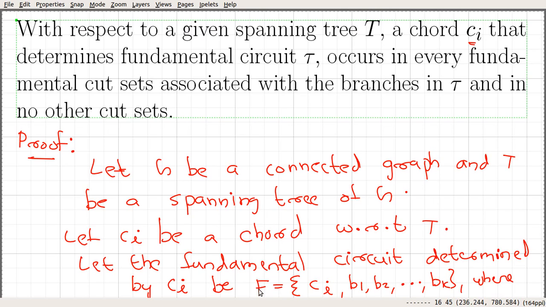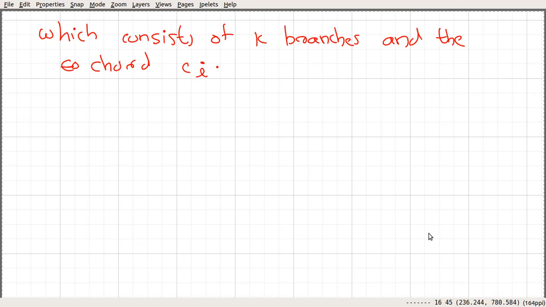It will contain this Ci along with some branch edges, and suppose that we have k branch edges with respect to this spanning tree: k branches and chord Ci. So we know that every branch of any spanning tree uniquely determines a fundamental cut set.